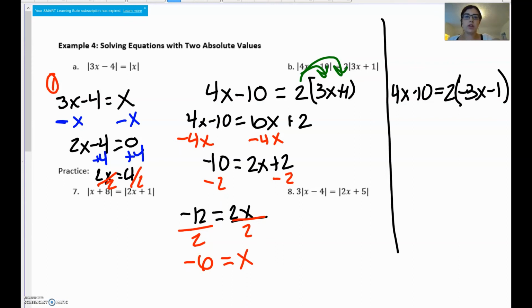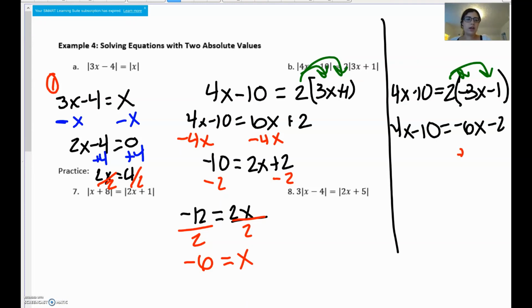And now we're on to our other side. So again, you always have to distribute and simplify first. So we're left with 4x minus 10 equals negative 6x minus 2.